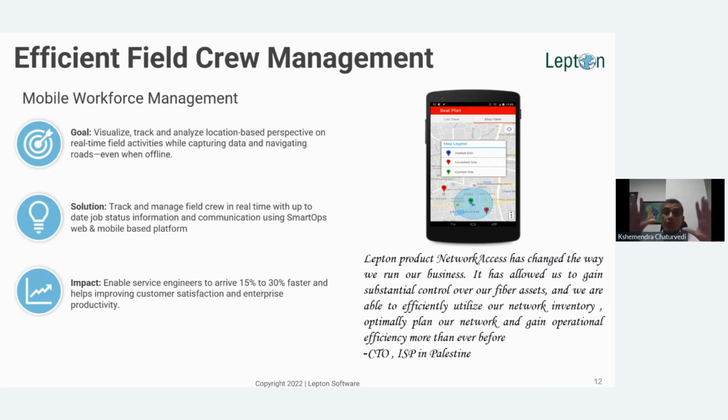Now, field crew management, for years and years, has been a domain in itself, with various solutions and products from all the leading companies trying to address various aspects of it. It could be locational proximity, or it could simply be handling a large number of network tickets that you receive from customers or faults that you receive from the NMS, and how to assign the field crew in a very effective manner.